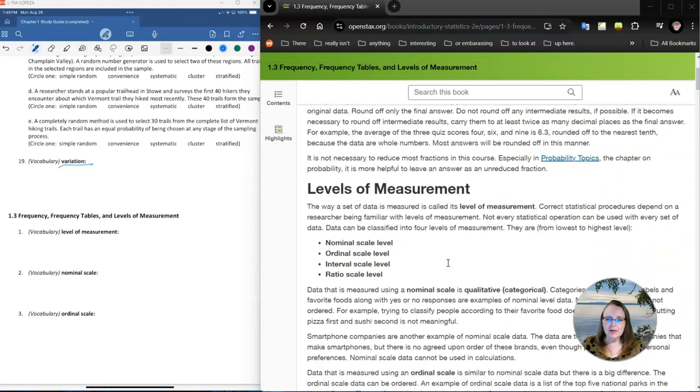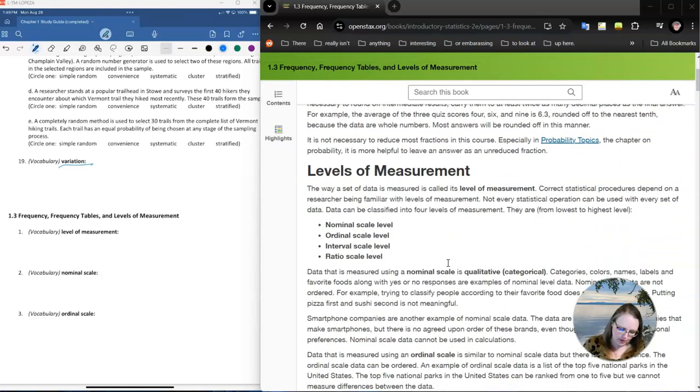So, levels of measurement. This is the way that data is measured.